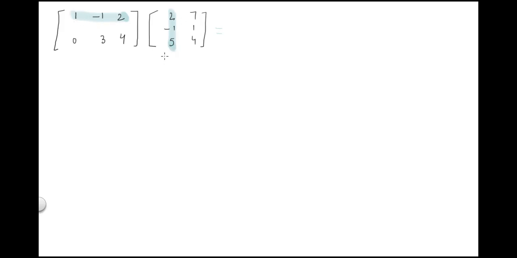The multiplication goes like this: the first element in the first row of the first matrix gets multiplied with the first element of the first column of the second matrix. 1 will get multiplied with 2. Then you place a plus sign. Then -1 will get multiplied with -1.